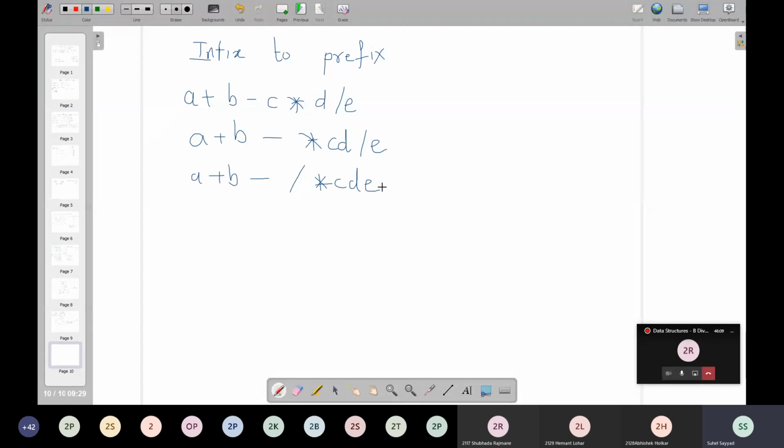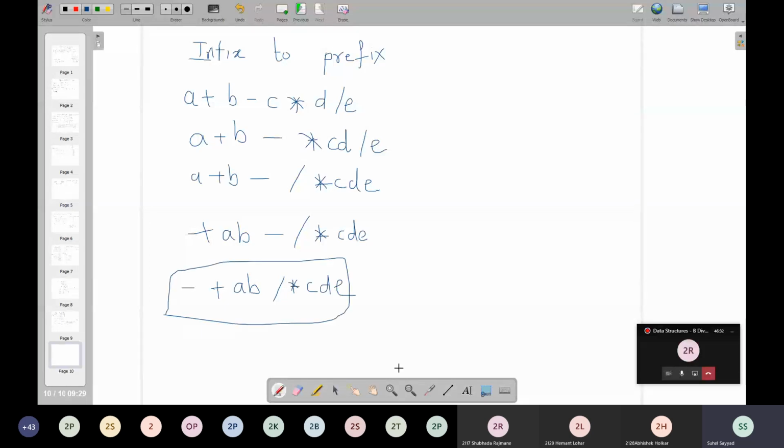Then what will be solved? Addition. Correct? Then what will be solved? Subtraction. So this is the final result.